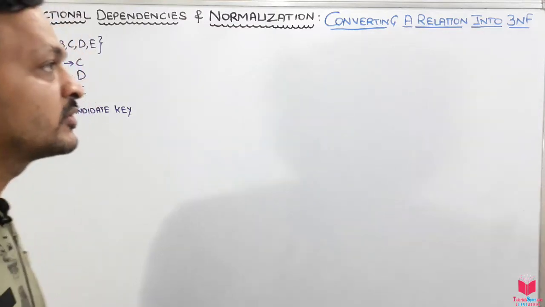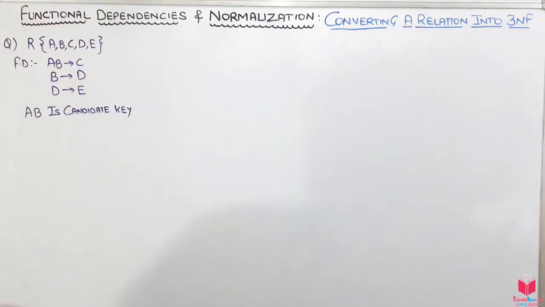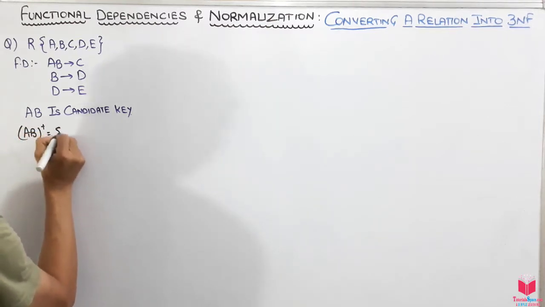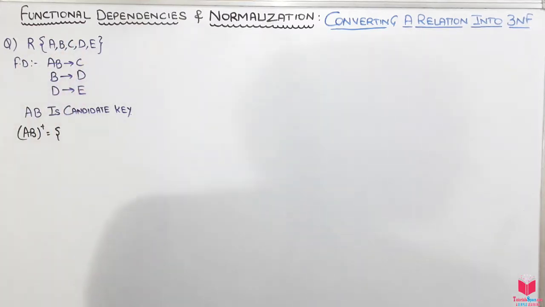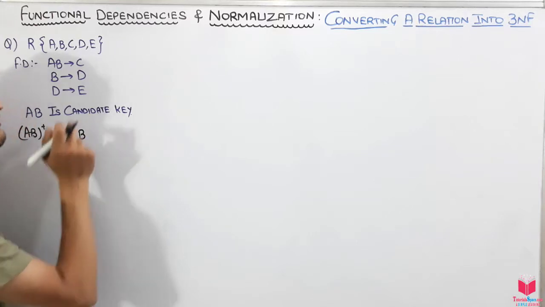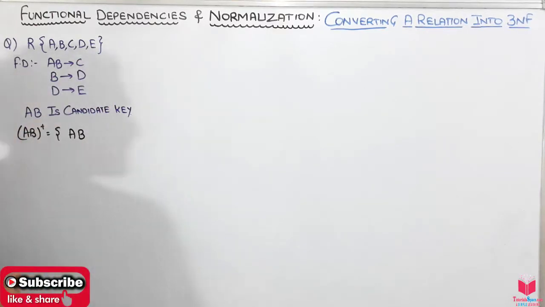First of all, before doing the 3NF form, we will verify whether it is the candidate key or not. The closure of this candidate key should return all the attributes of the relation. From AB I can get AB at least, and let's check the functional dependencies.